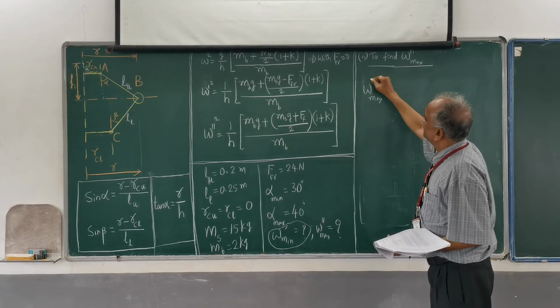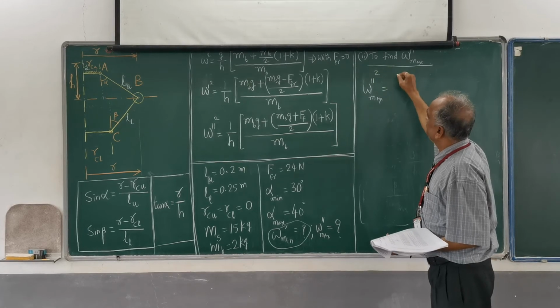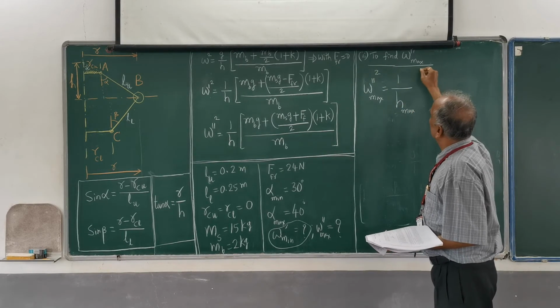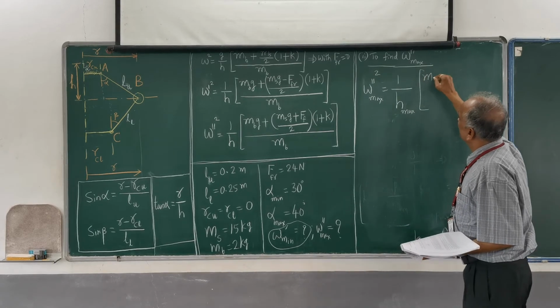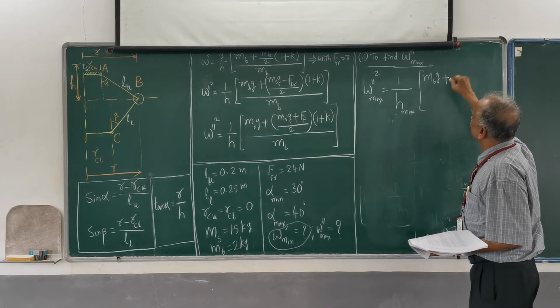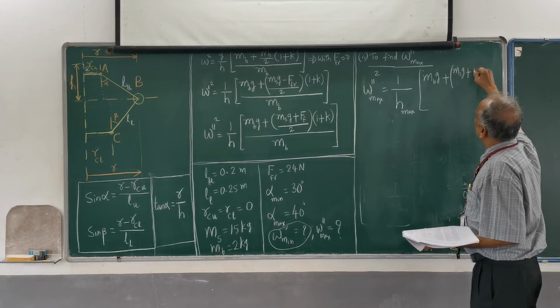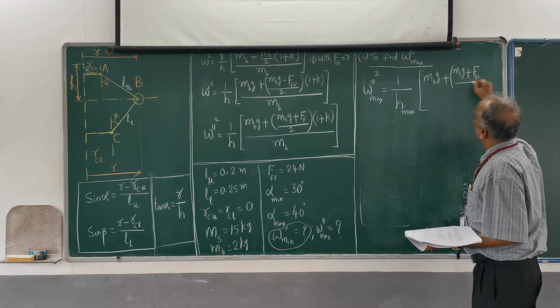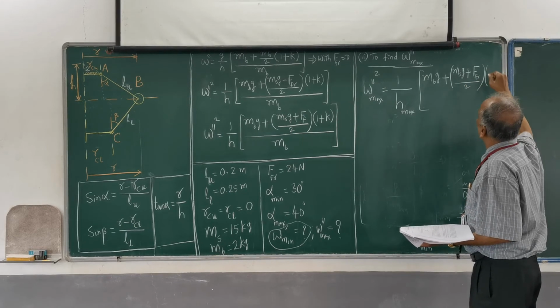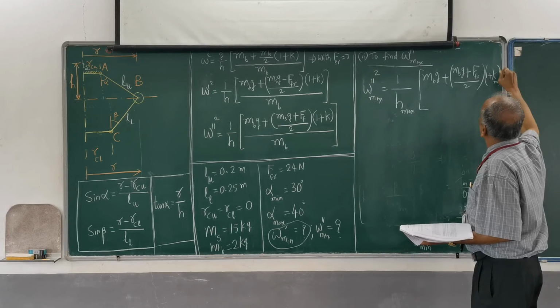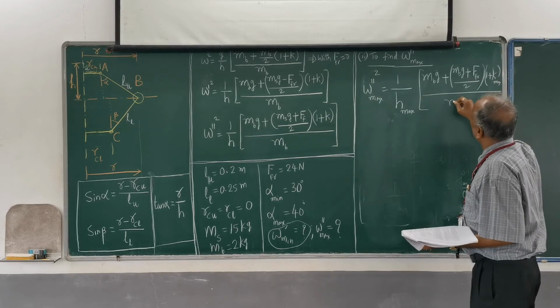Omega maximum double dash square is equal to 1 upon H max into MB into G plus MS into G plus the friction force, divided by 2 into 1 plus K max, the whole thing divided by MB.